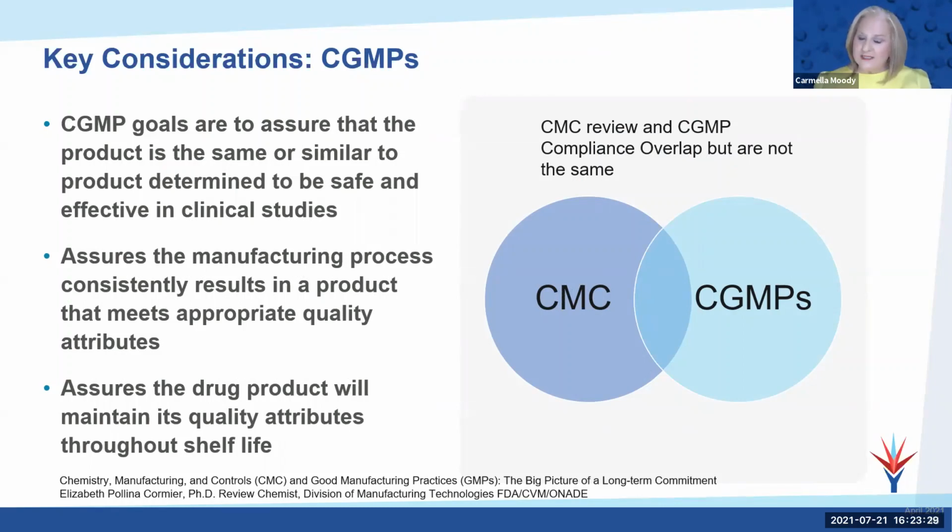It's the processes and the checks and balances that you have in place to make sure that you can make the product consistently and that it will have the appropriate quality attributes throughout the shelf life. So the chemistry, the review of the CMC information and compliance to current good manufacturing practices, they're not the same, but they do very much overlap.